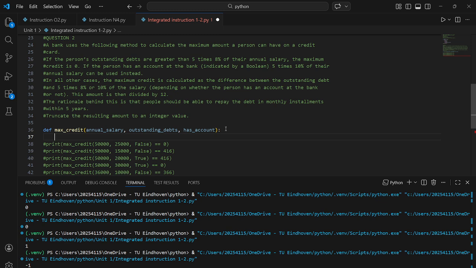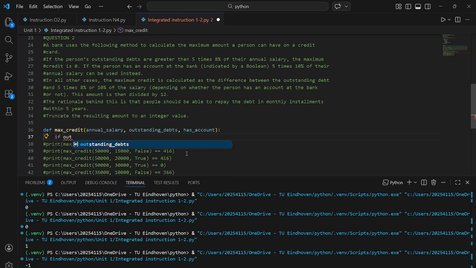So we see that the main thing in this question is whether the person has a bank account or not, because that kind of changes all the dynamics. So let's start from the beginning. It says, if the person's outstanding debts are greater than 5 times 8% of their annual salary, the maximum credit is 0. So we can just write that down.